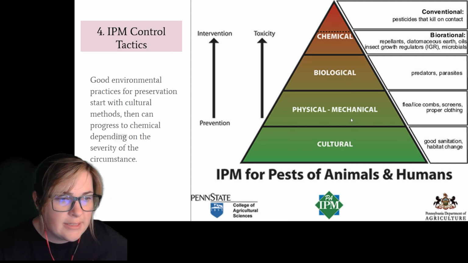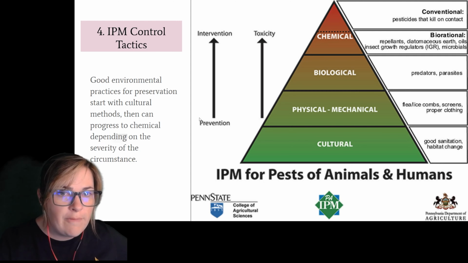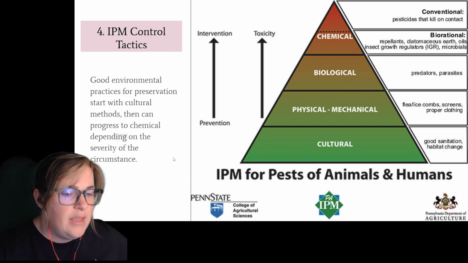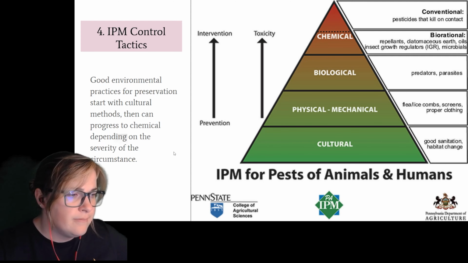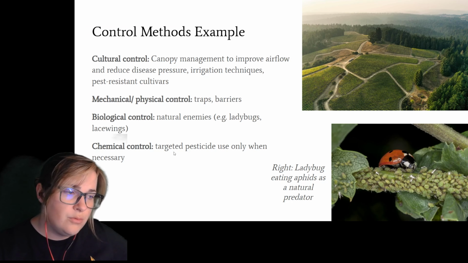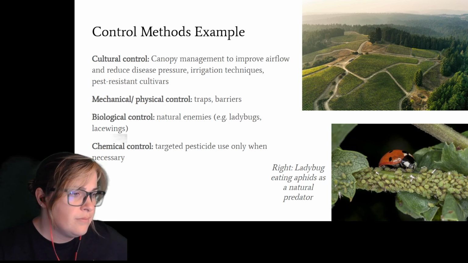So cultural practices versus a chemical application to your vineyard, right? Understanding the shift from prevention to intervention in a vineyard and how that varies completely on the circumstance, right? So again, balanced and scientific approach to pest pressures in your vineyard. Cool. And then there's just an example for you guys.